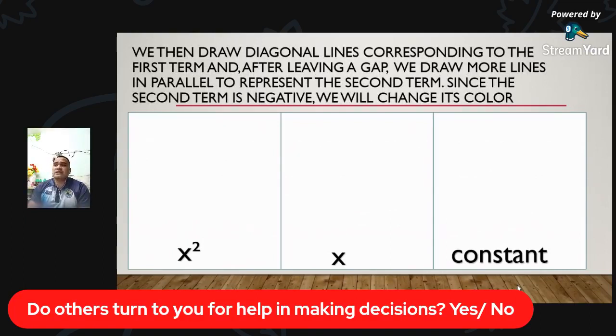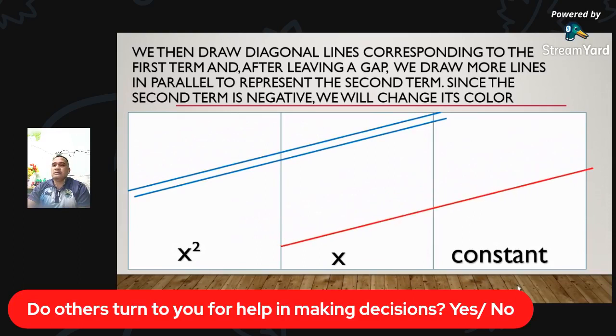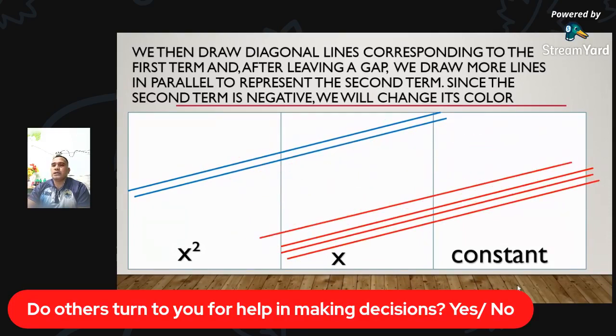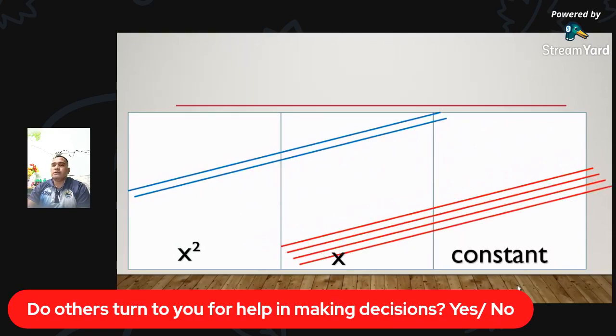So we then draw diagonal lines corresponding to the first term. We have 2x, minus 1, 2, 3, 4.